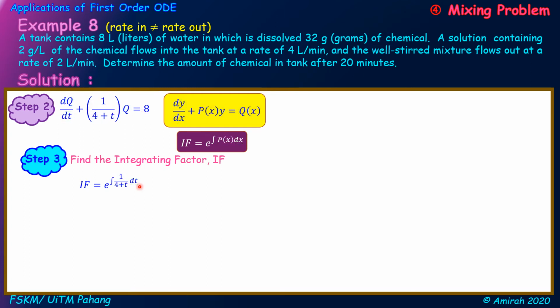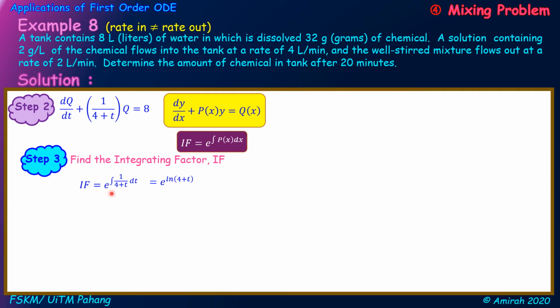Then we integrate 1 over 4 plus t dt, and we get ln of 4 plus t.